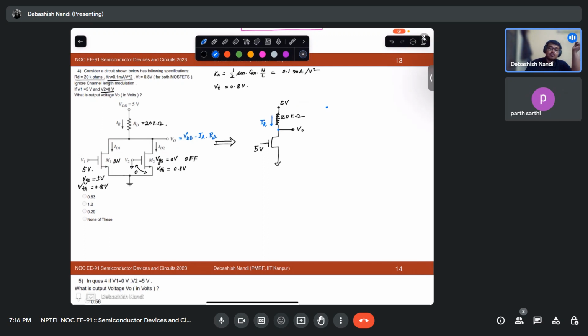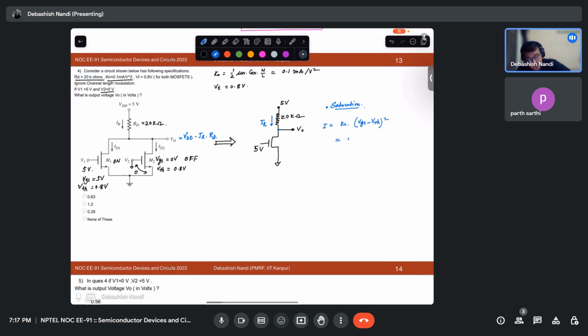So how will you assume that it is in saturation or in linear? Okay, check, right? Let me take it into saturation. So what will be my I? I will be Kn times VGS minus VTH whole square.